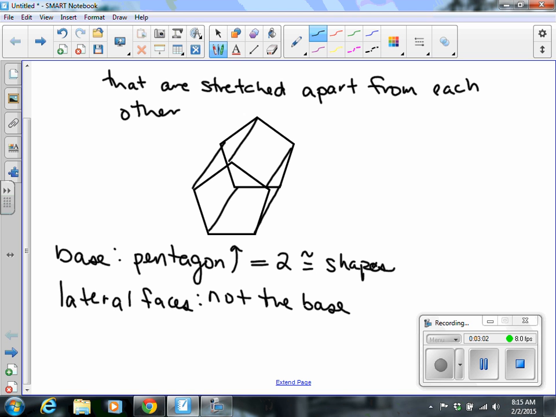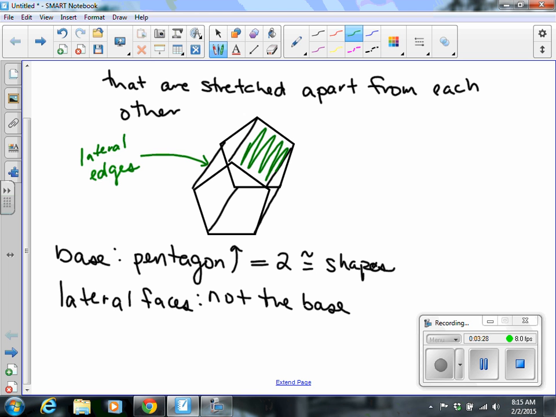And then we have lateral edges, which, as you can guess from the lateral faces, are the edges that are stretched apart. For instance, this one's a lateral edge. These are edges that connect our two bases.